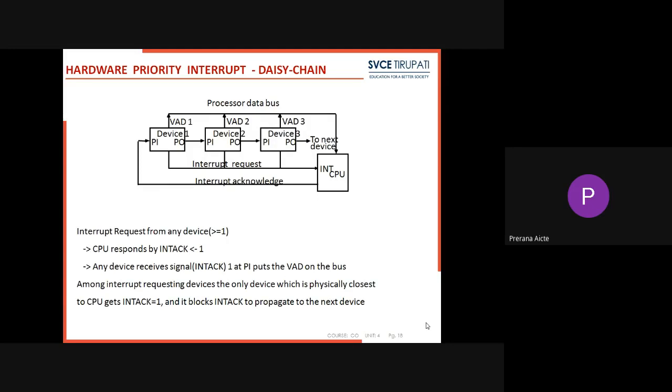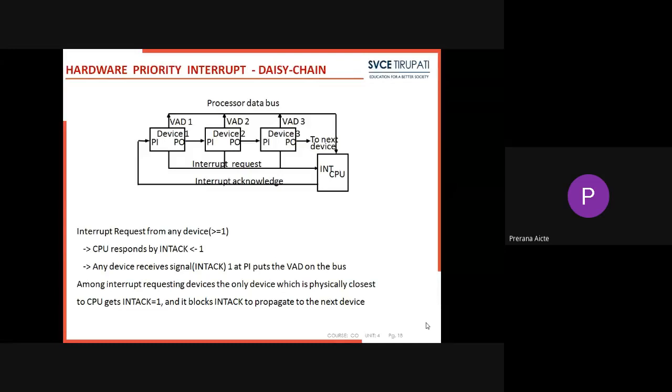The device with PI equal to 1 and PO equal to 0 is the one with the highest priority that is requesting an interrupt. This device places its interrupt vector on the data bus.